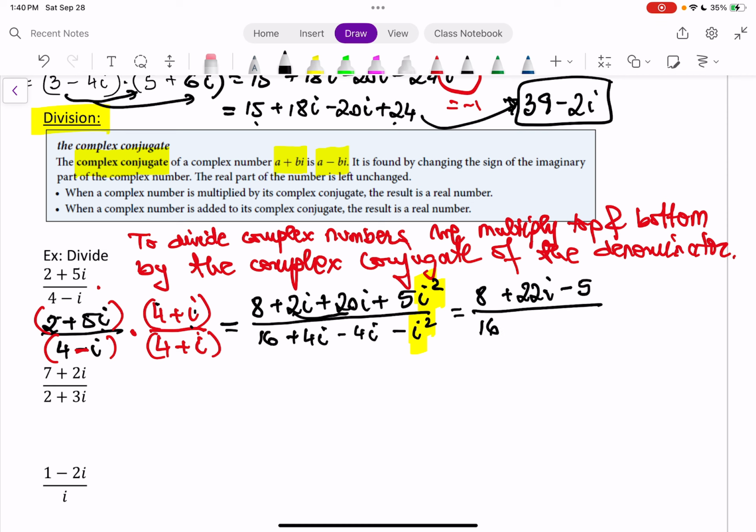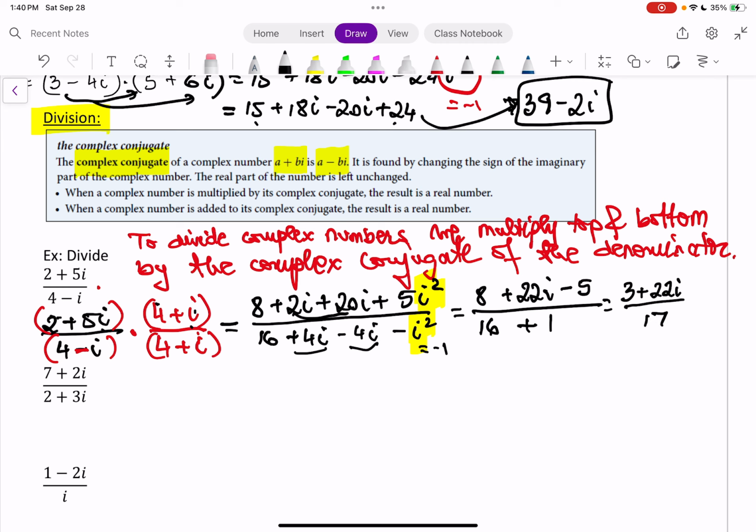In the denominator, by the way, 4i minus 4i makes 0 i's, so really no i at all. And negative 1 times negative i squared makes it a positive 1. So there I have at the numerator 3 plus 22i, and at the bottom just the 17.